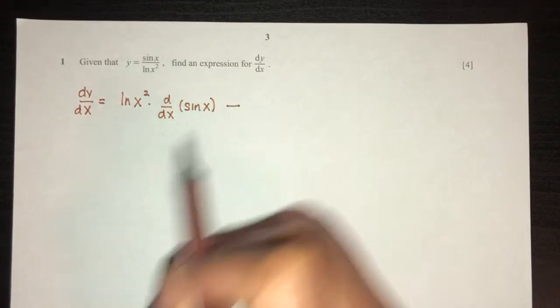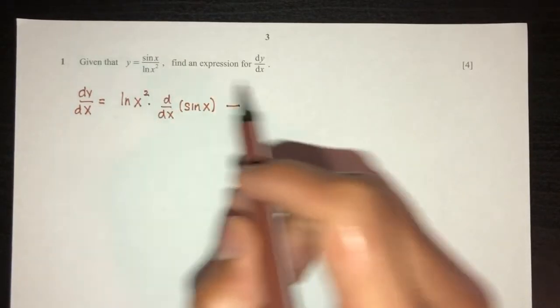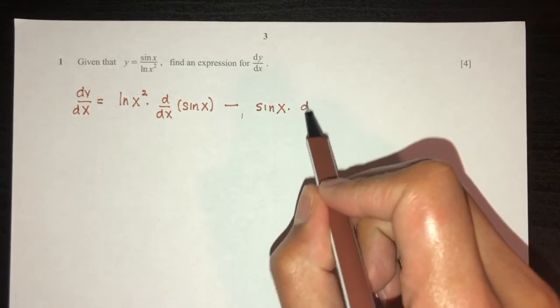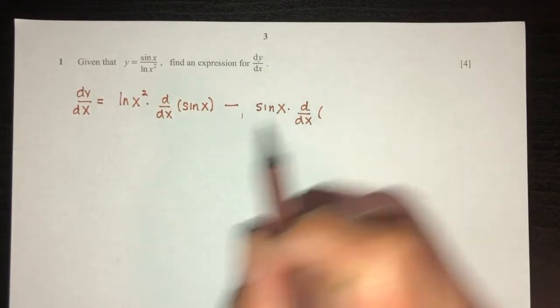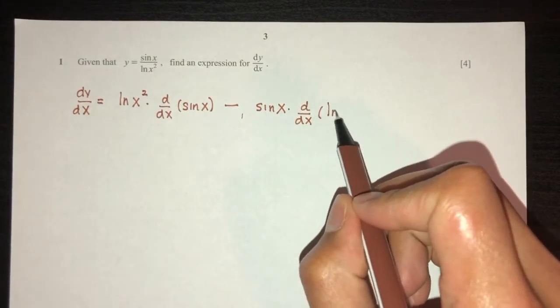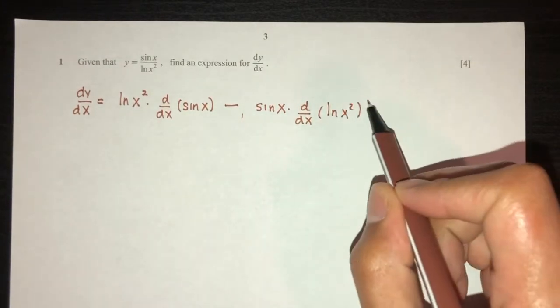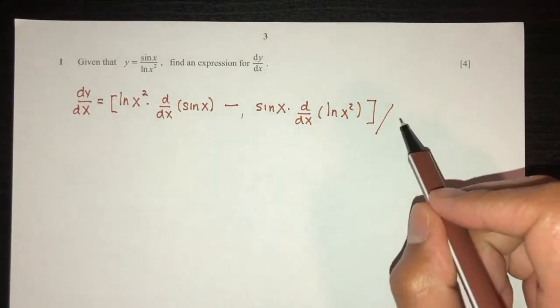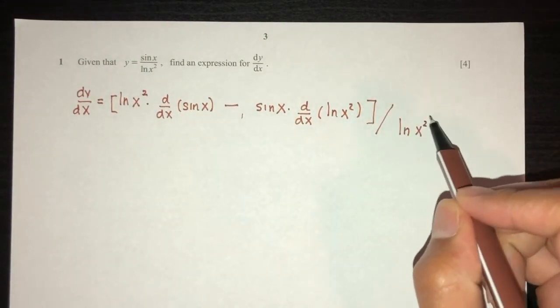Then we have to write minus sine x, the numerator, times d by dx of the denominator. And next step is to take everything and divide by the square of the denominator. So you will have the square.